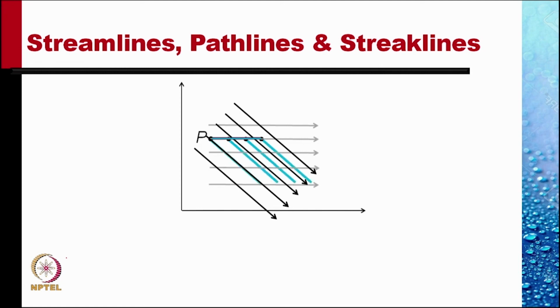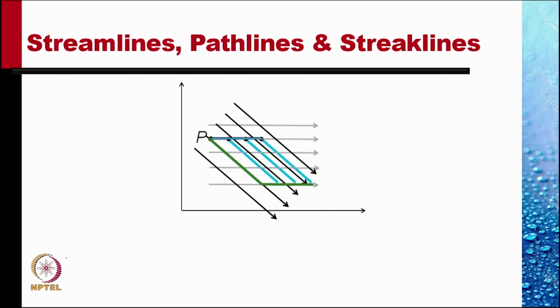And so what is the final position of the particles? Those particles which passed through point P up till time t equal to t naught are here. And the particles which pass through point P after time t equal to t naught are along that inclined green line. So the green line is the streak line at this point of time.